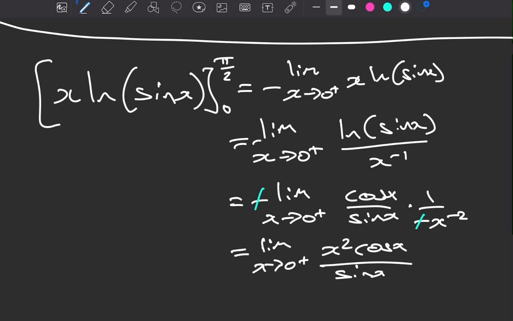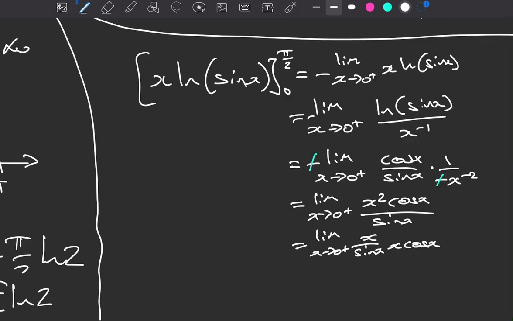This we can separate out into a product. We'll have the limit, again x goes to 0 from the positive side, of x over sine x multiplied by x cos x. This thing then is a product, so we'll take it up to the left hand side and we can write it as a product of limits instead of a limit of a product. And we'll actually use the power laws as well.